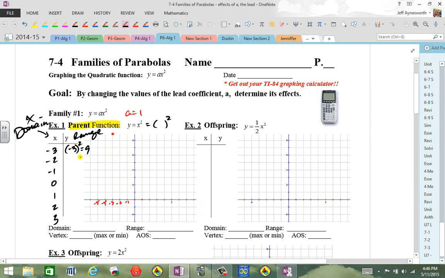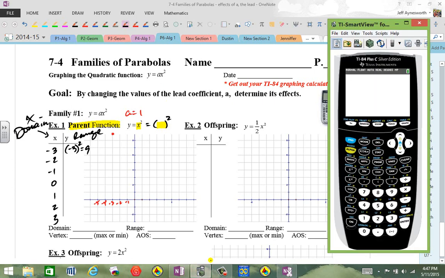Let's plot -2. What happens when x is -2? You need to substitute in here, wherever you see x, and then square it. Parentheses are needed. I talked about that in previous lessons, and you make a point right here. If you don't use parentheses, you're not writing it correctly nor doing it correctly. If you take the quantity of -3 and square it, you'll get 9.